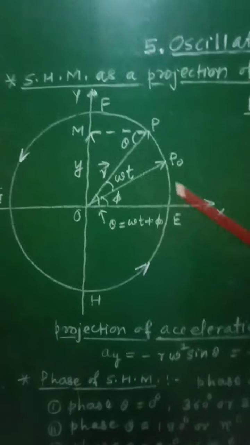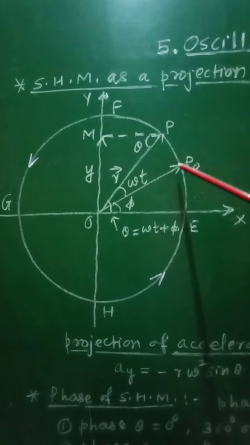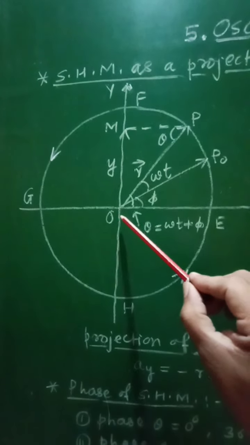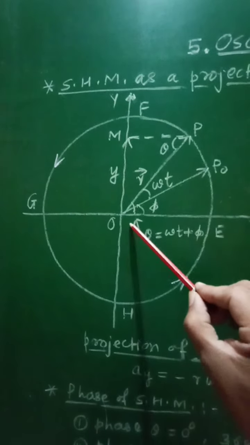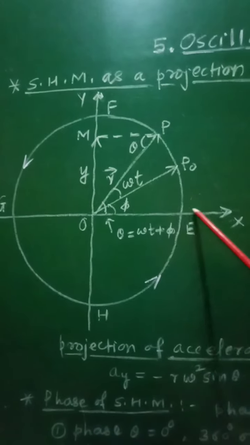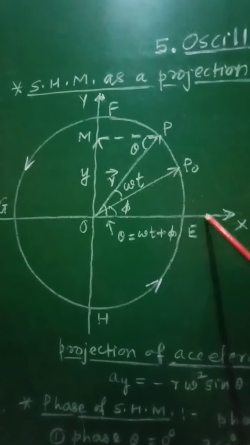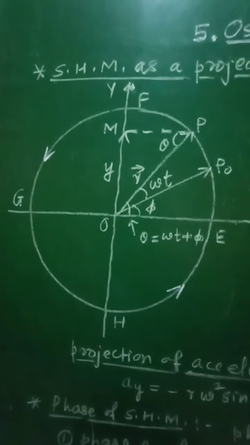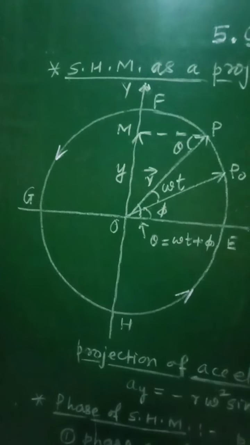Now, the angular positions of this particle at different points will be decided with the help of this reference OX. This OX will decide the angular positions of that particle along the circumference of that circle.